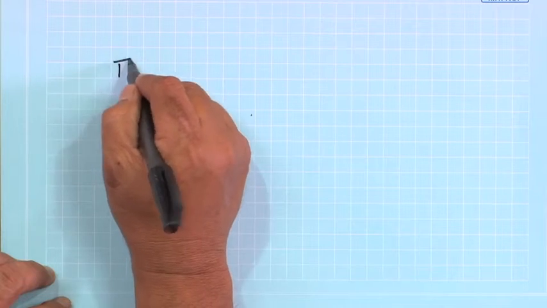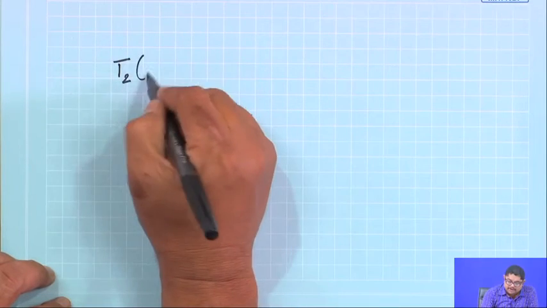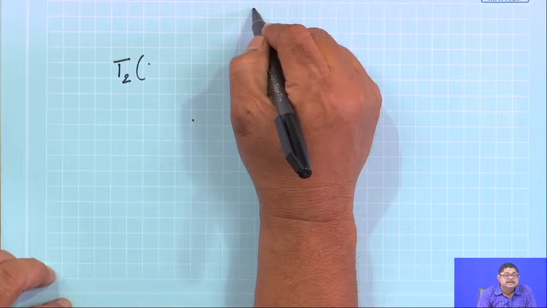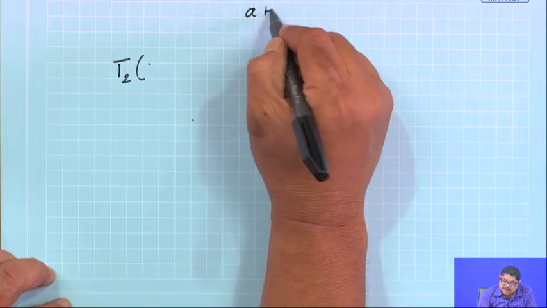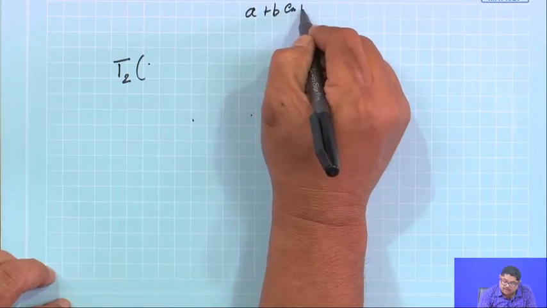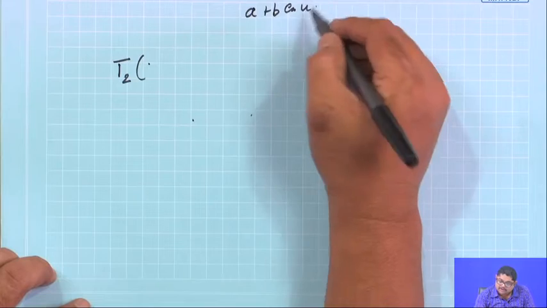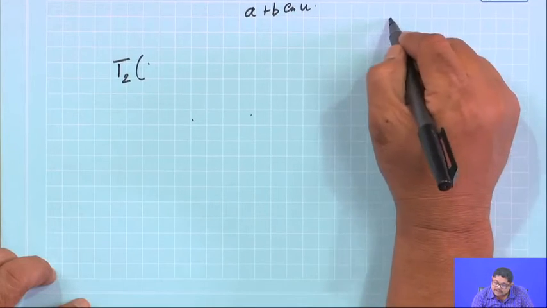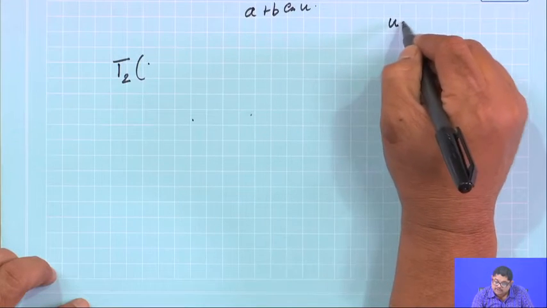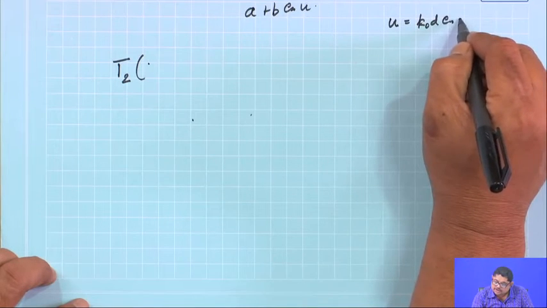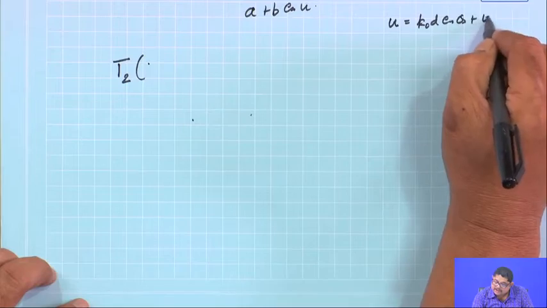So, let us see a second order Chebyshev polynomial, and here you see our function is, instead of x, I will write it as a plus b cos u. Please remember, our actual function is cos u or something, but actually our u is k naught d cos theta plus u naught.